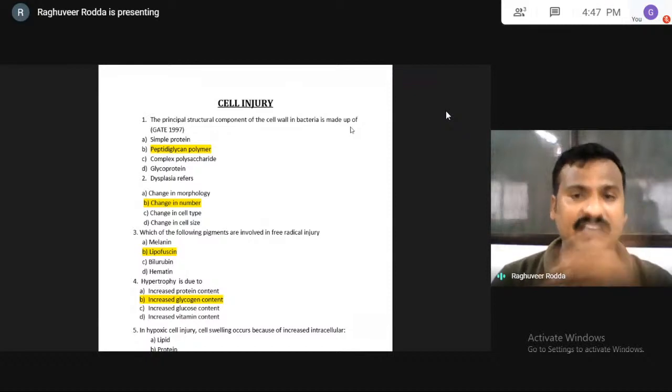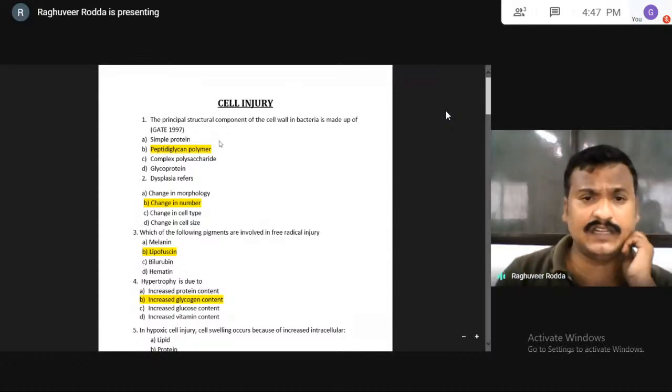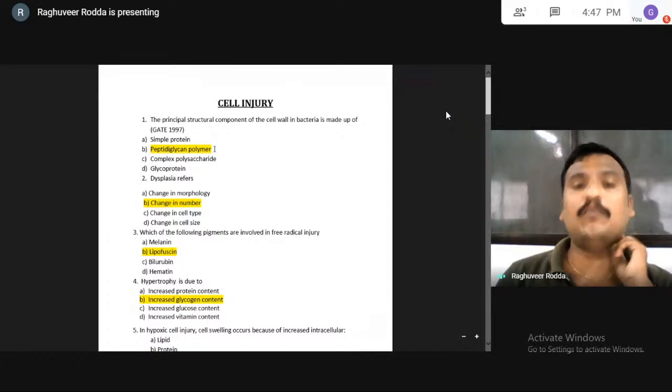In the bacterial cell wall, the one principal component is the peptidoglycan polymer.